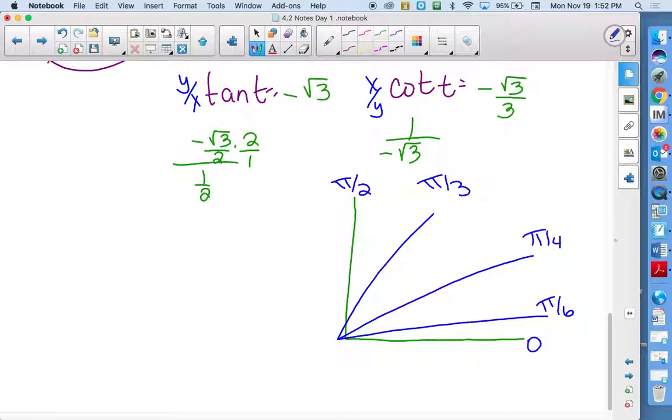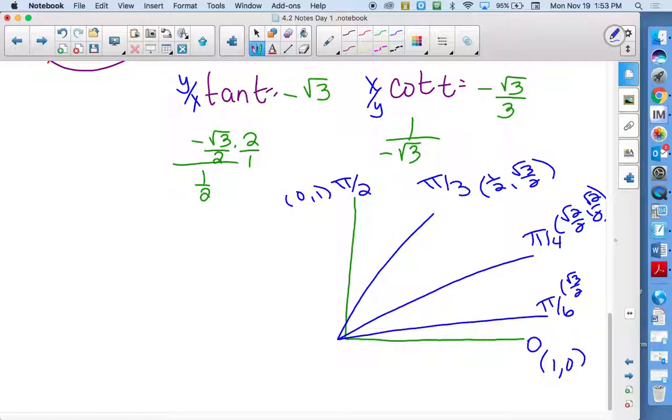They would label the ordered pairs with each of these points. So this is 1, 0, up at the top is 0, 1. And then they list the 3 other angles, and it's like the corresponding ordered pairs. So a half, square root of 3 over 2, square root of 2 over 2, square root of 2 over 2. And then this one here is the square root of 3 over 2 and 1/2.